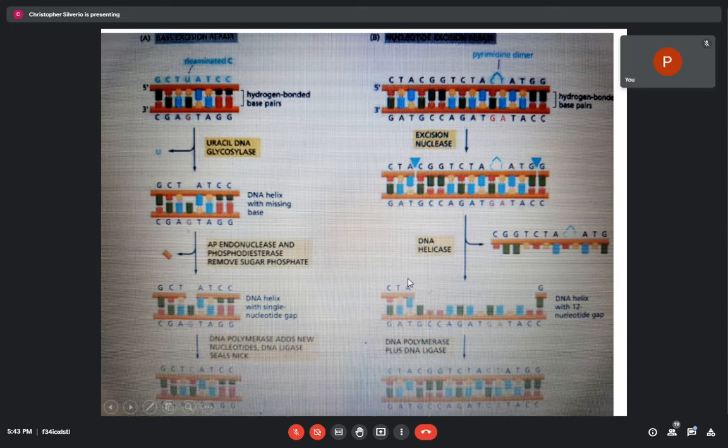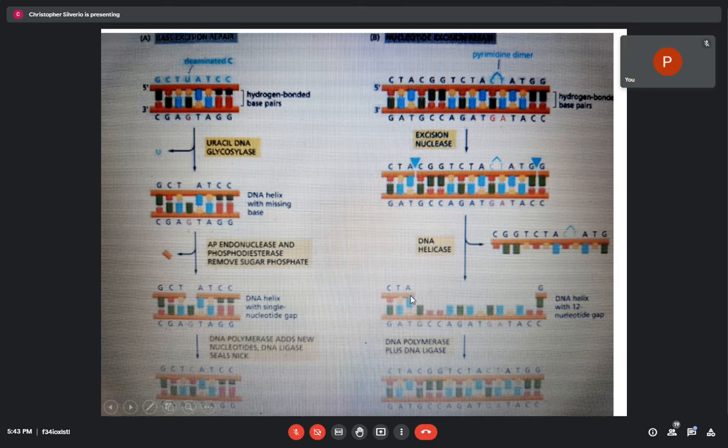The first thing that will happen is the DNA polymerase will bind into this DNA fragment or into this DNA strand. It will bind.